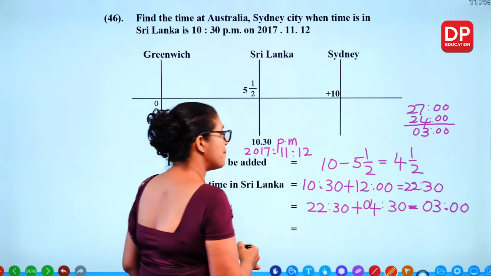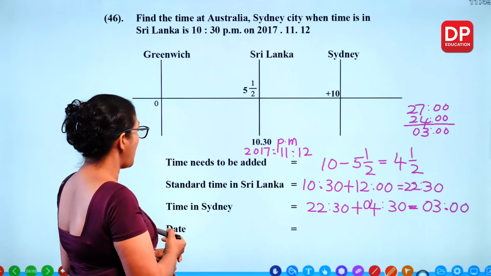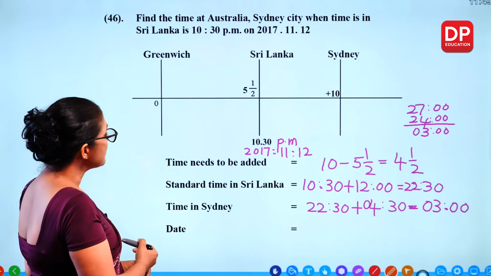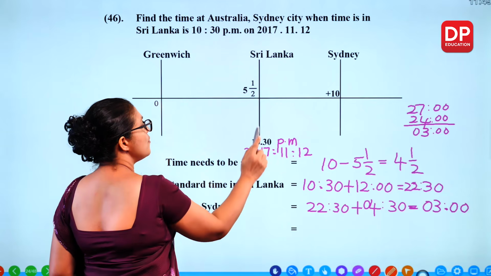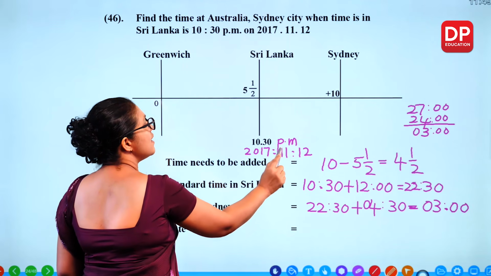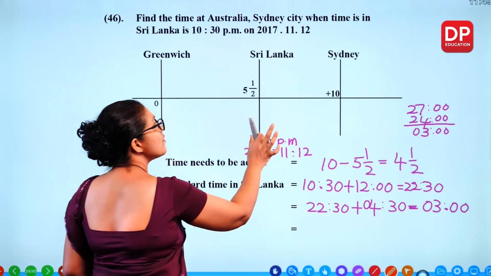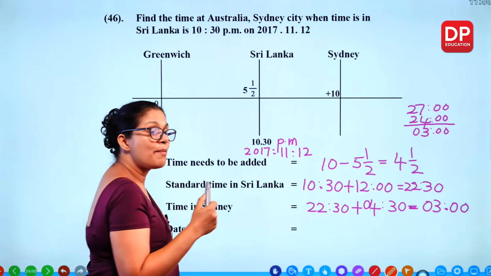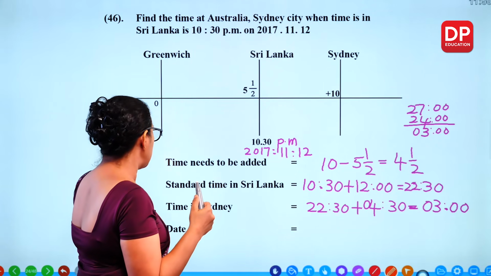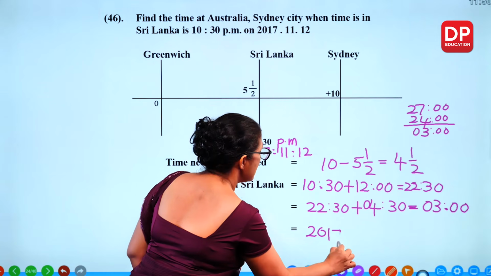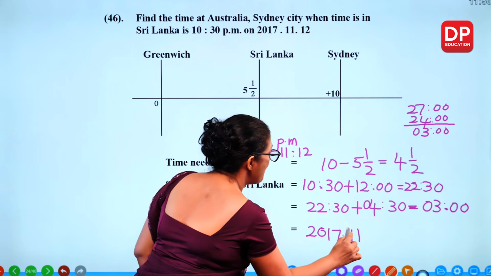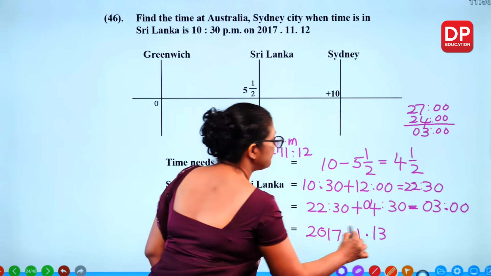So 3 a.m. is the time in Sydney. What's the date? Now, this is night time, 2017, November 12th. So this is the next day in the morning. So what's the date in Sydney? 2017, November 13th.